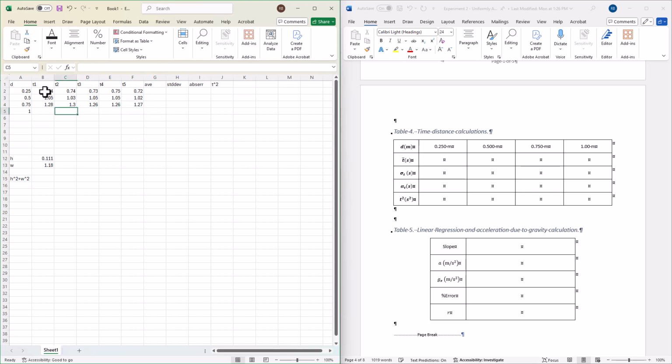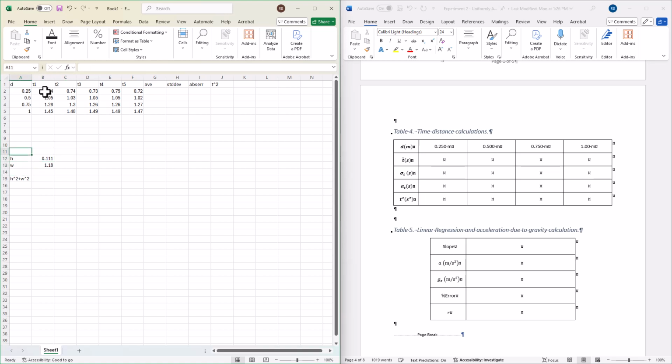And then finally, for this one, 1 meter, I have 1.45, 1.48, 1.49, 1.49, 1.47. Okay, so that's all the data I have in here. And I also have down here my height and my width.